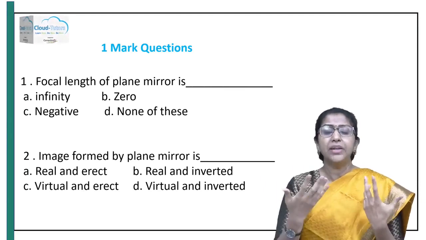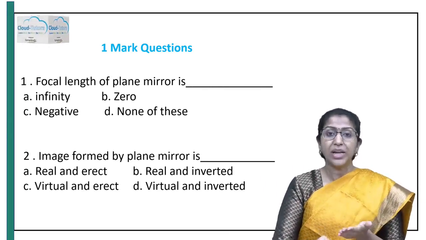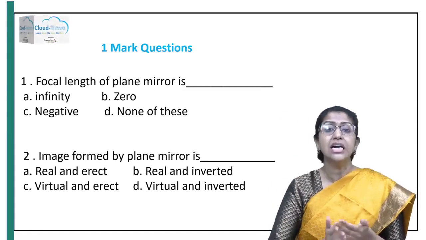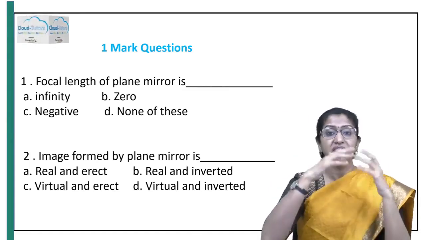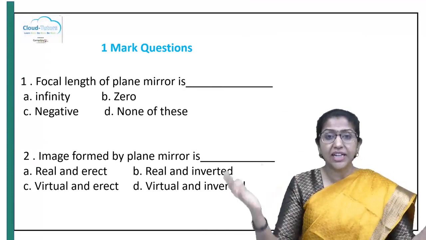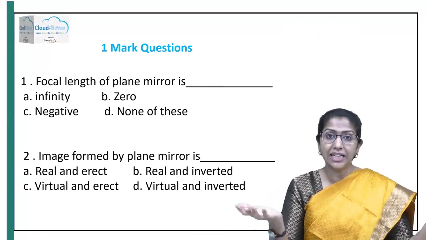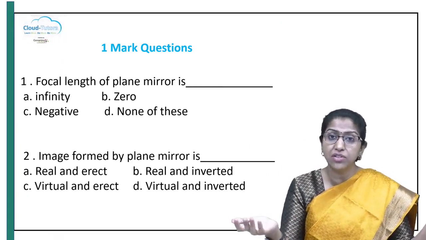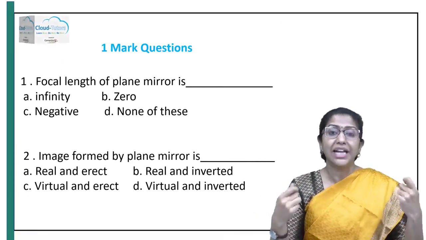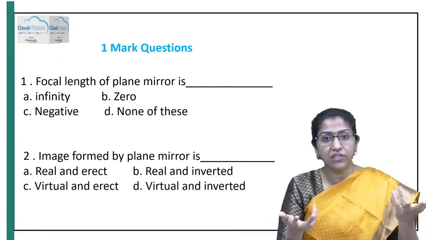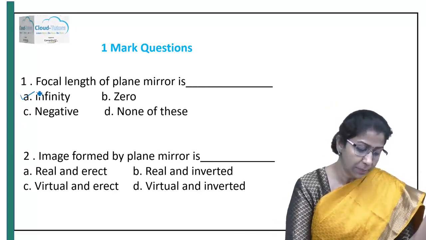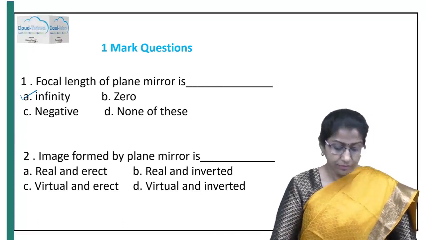You can imagine a plane mirror as a portion of a reflecting sphere which is infinitely large. In that case, the radius of curvature of the plane mirror would be infinity, and half of infinity is infinity again. So your answer will be A.